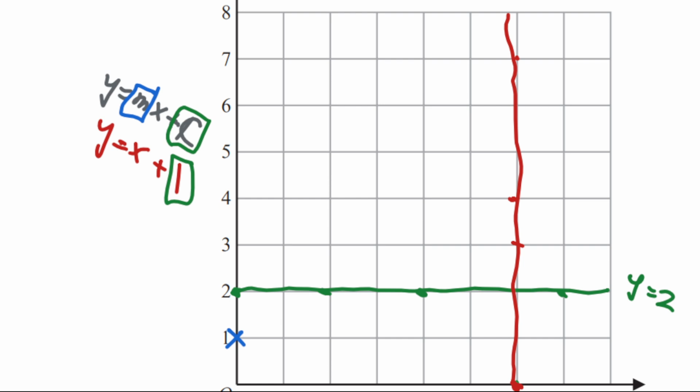And then m is the slope. Now, m is what comes before x. Here, in front of x, there is 1, right? So it's 1 over 1. So from this point, we rise 1, and we run 1. So it's another point. This is a nice line. You can do it again. Rise 1 and run 1.